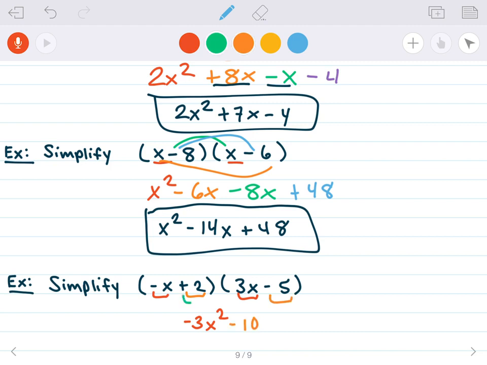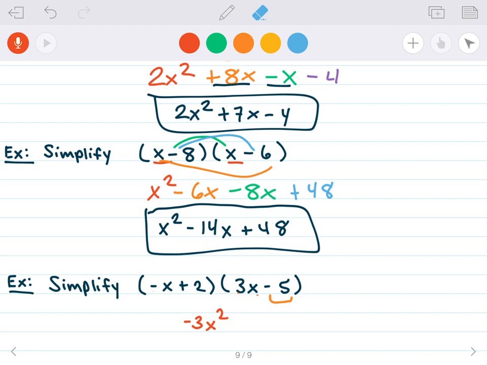Inner, we have positive 2 times 3x is a positive 6x. First, outer. Oh, I think I did last first. I'm sorry, you guys. I messed up here. I mean, it doesn't matter if you do last, but anyway, let's just start over here.